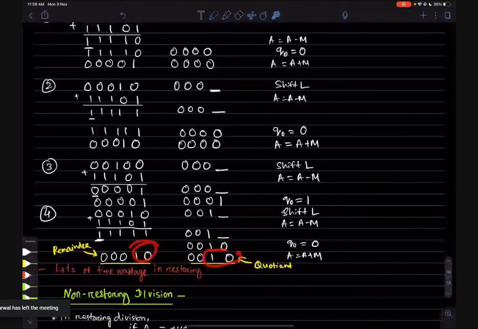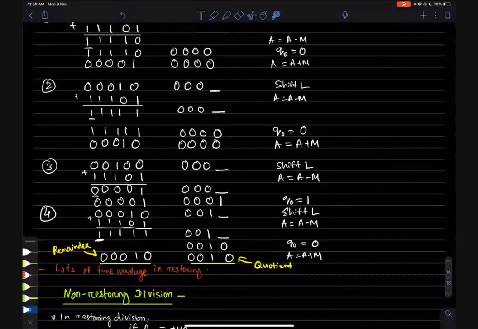Okay, so this is called restoring division. But the disadvantage is that lots of time is wasted in the restoring operation. This a is equal to a plus m operation we are doing all the time, so that is a wastage of time.